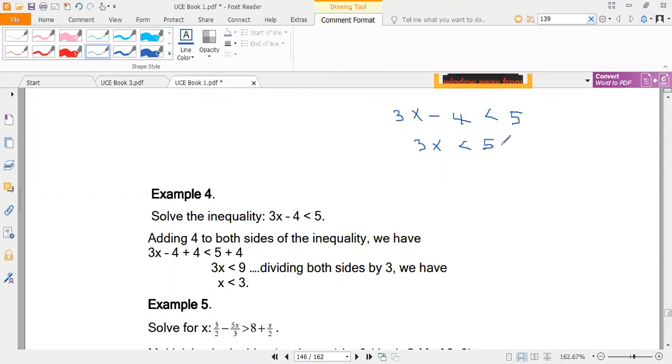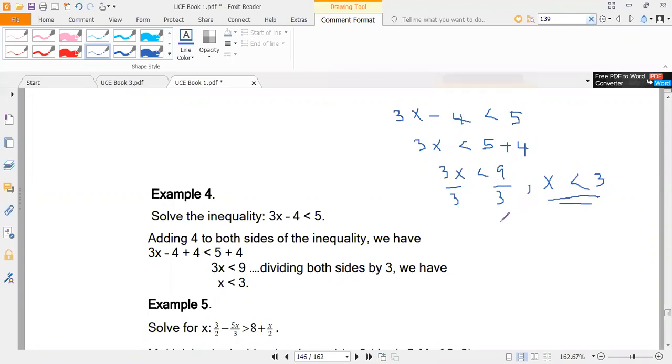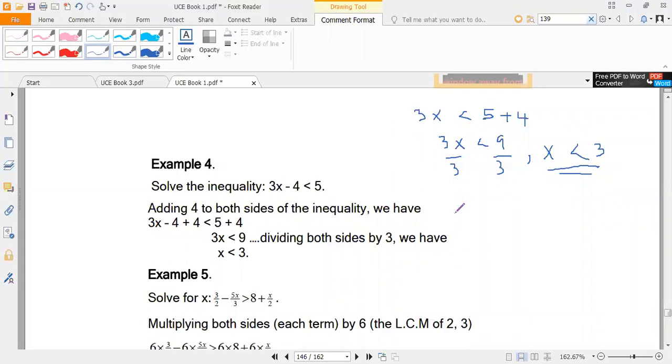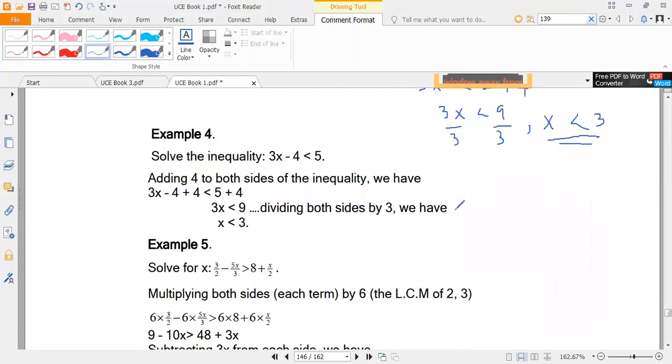So this will be 5 plus 4, and finally we have 3x is less than 9. We divide by 3 on both sides, so finally x is less than 3. Since we have divided by a positive, the sign remains the same. The sign only changes when we divide by a negative value.